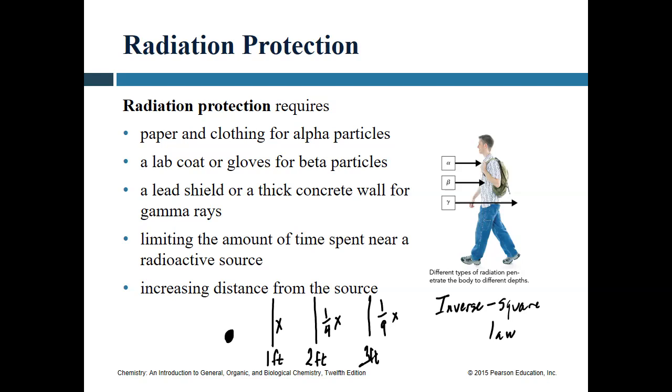You take it by a factor of 5. 5 squared is 25. Now the radiation is 1/25 of what it was at the original distance. So really, the more distance you put between you and a radioactive source, the easier it is to get into what we would call that safe dosage area.